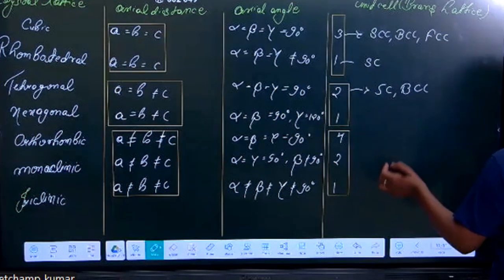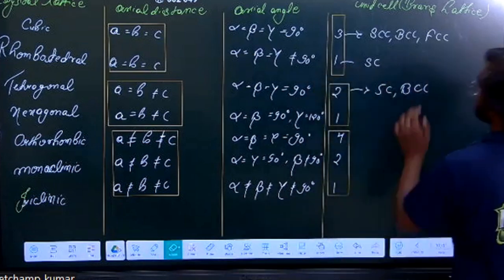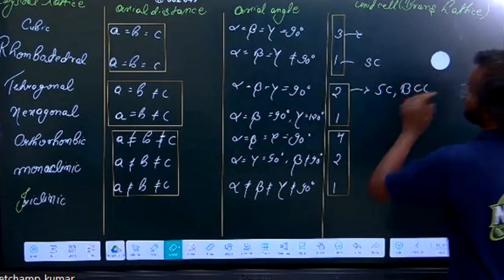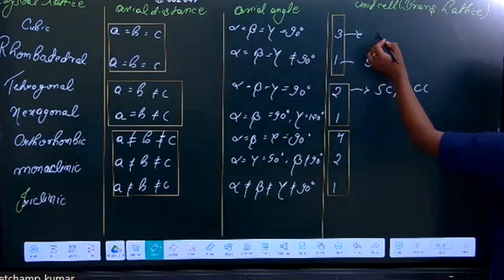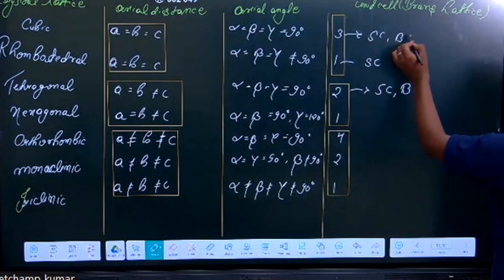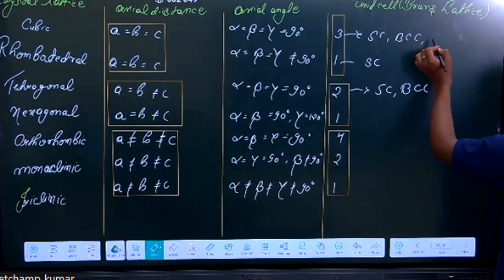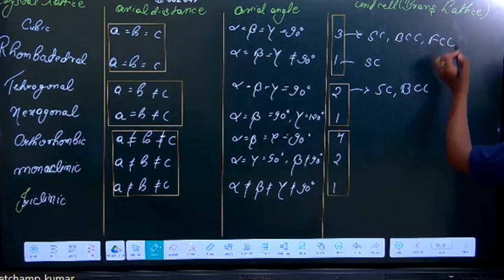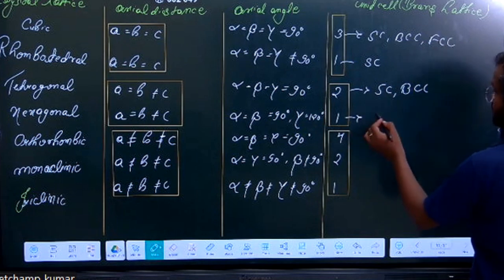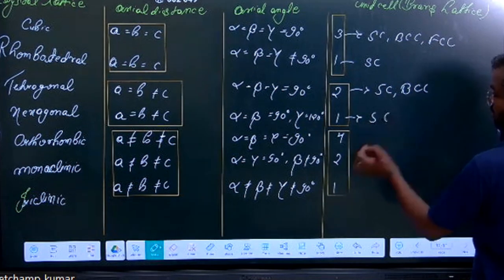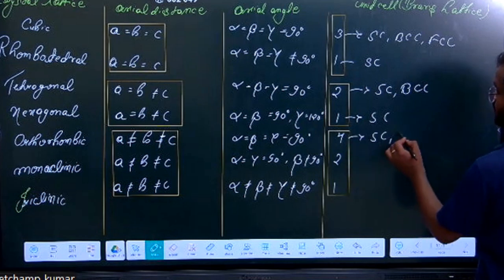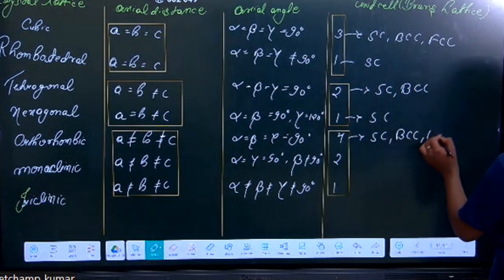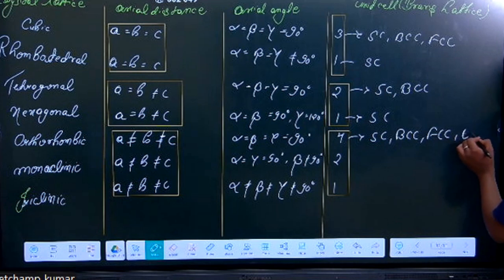Okay. It is better you can write like this also. Simple cubic, body centered, BCC. Then we have face centered cubic. One means simple cubic. Four means simple cubic, body centered, BCC, FCC, and end centered, ECC.